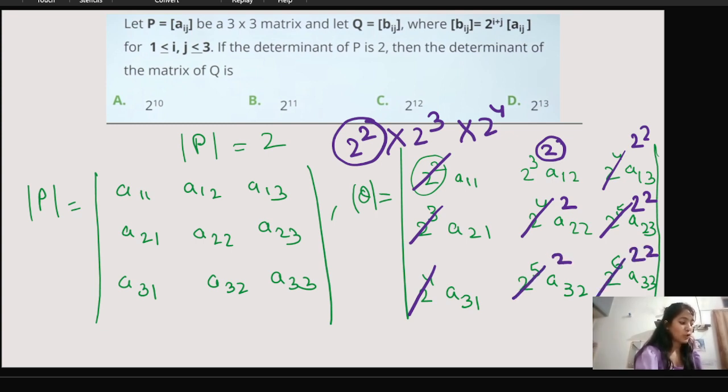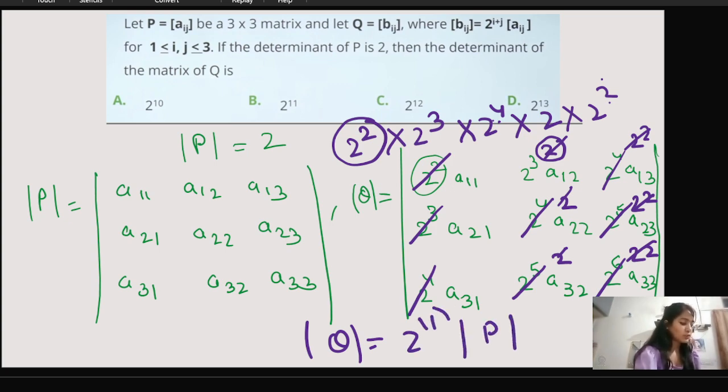From this column we can take 2 common, and from here we can take 2 square common. Again we are getting the P matrix. So the total power is 3 4 5 6 7 8 9 10 11, so 2 to the 11, and here we have the P matrix. So option B is the correct answer.